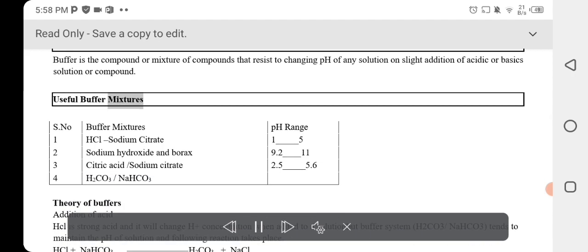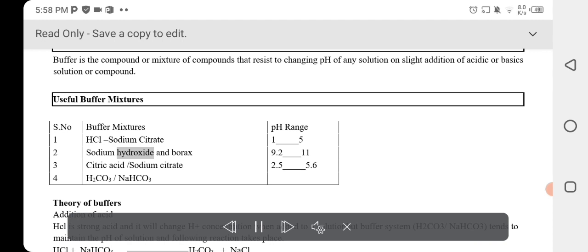Useful buffer mixtures, with their pH range. 1. HCl, sodium citrate: 1 to 5. 2.